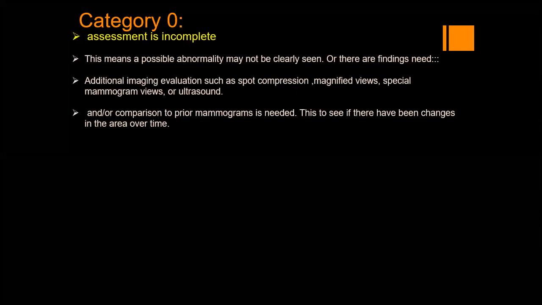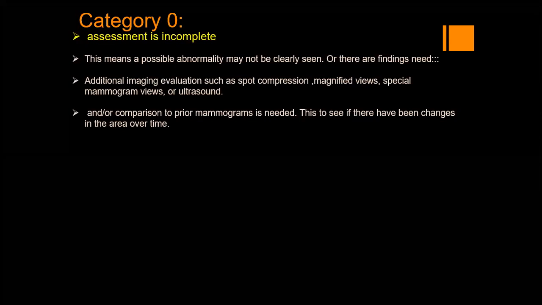So we said category 0 assessment is incomplete. Why? That means a possible abnormality may not be clearly seen, or there are findings that need additional imaging evaluation such as spot compression, magnification views, special mammography views, or ultrasound, or a comparison to a prior mammogram is needed.